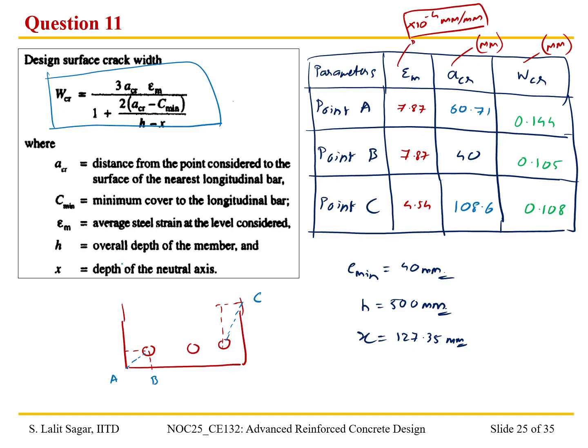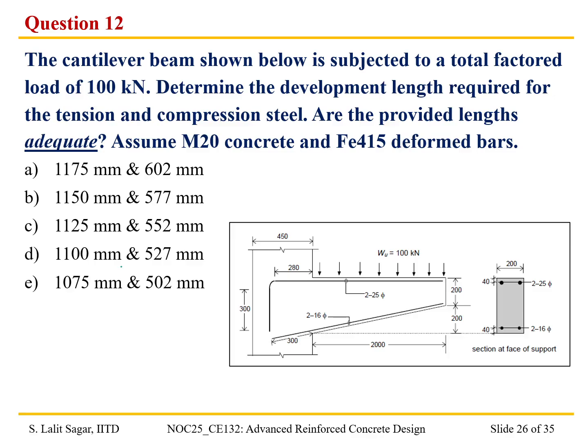So we have done one problem on deflection and one problem on crack width. Now let us solve the problem for the bond or the development length. We are given a cantilever beam subjected to a total factored load of 100 kilonewton.